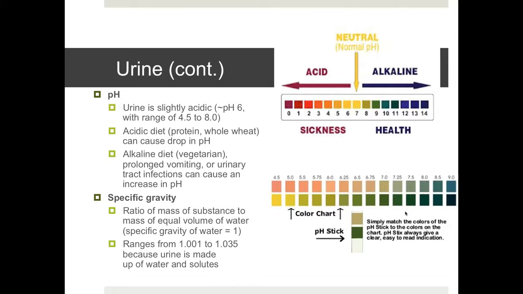So if you have a specific gravity that is greater than that 1.035, that means you will have concentrated urine and you're probably suffering from dehydration or diarrhea or vomiting, or maybe all three. You never know.